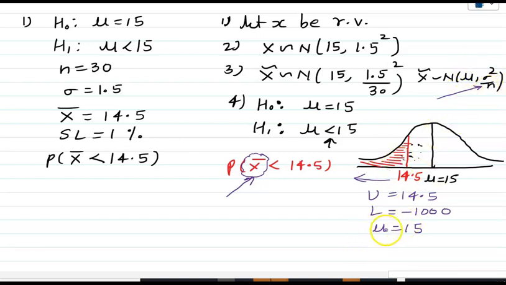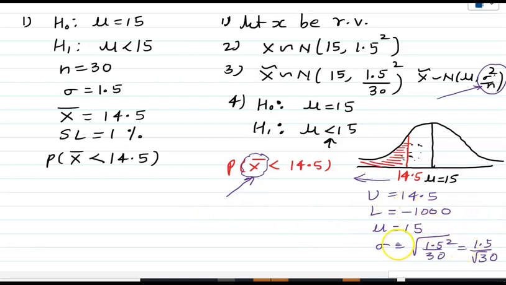So the standard deviation will be the square root of sigma squared over n, that is the square root of 1.5 squared over 30, which is 1.5 over square root 30. No need to simplify. Leave it like this.